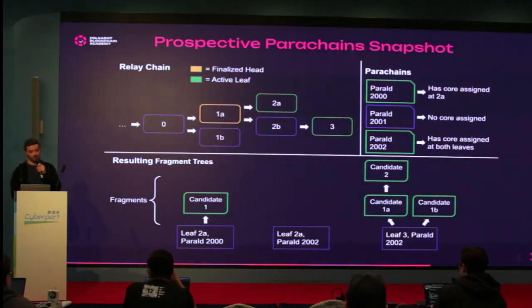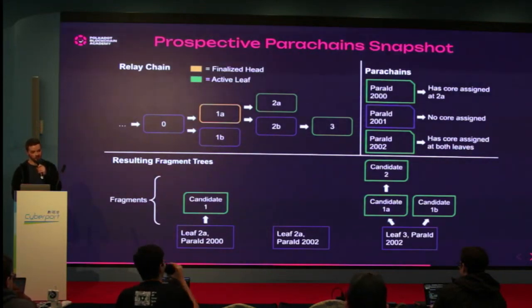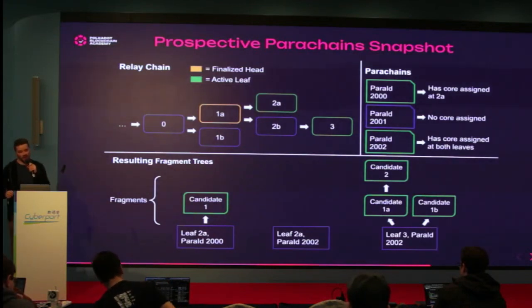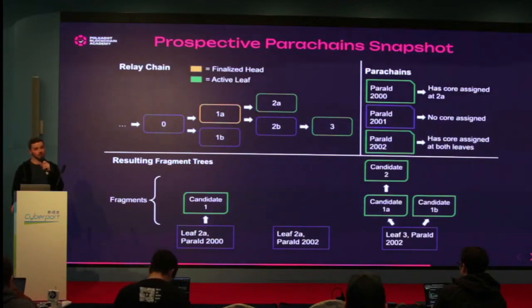So if we're going to look first at the top left of this diagram, we have our relay chain. We have a finalized head. This is the most recent finalized block on the relay chain in gold. And then we have a couple active leaves. These are blocks 2A and 3. These are the only two blocks. These two green blocks are the only ones that we would build out fragment trees for, which again are keeping track of unincluded segments for parachains.